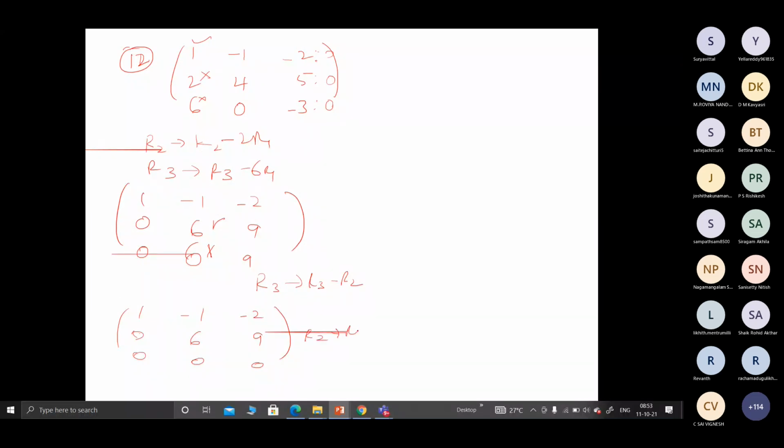R2 is R2 by 6. So what will happen? Tell me. Write 1, minus 1, minus 2, then 0, 1, 9 by 6 is 3 by 2.